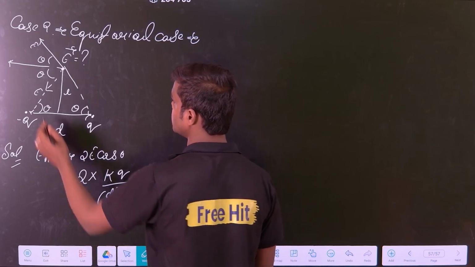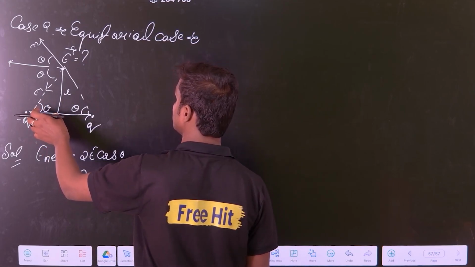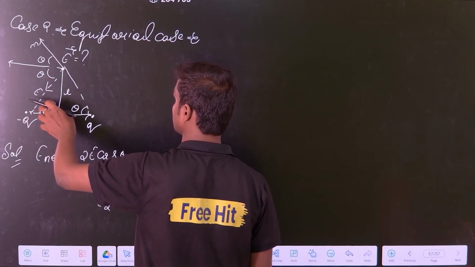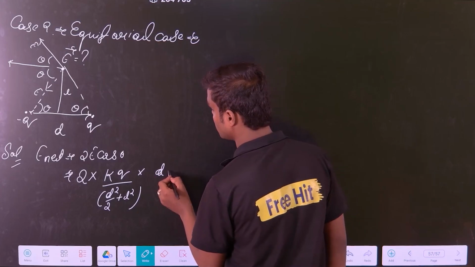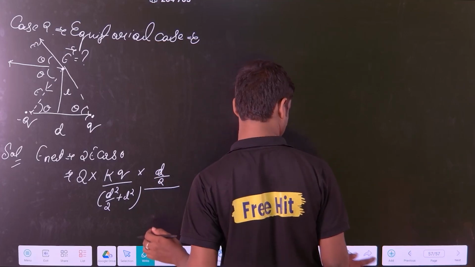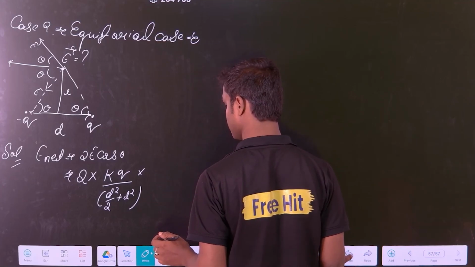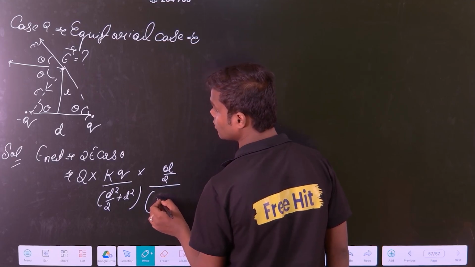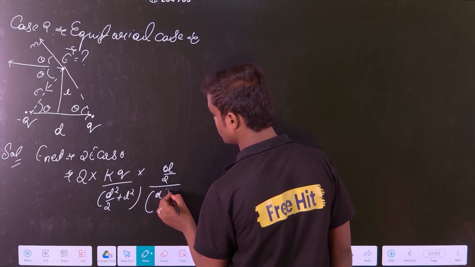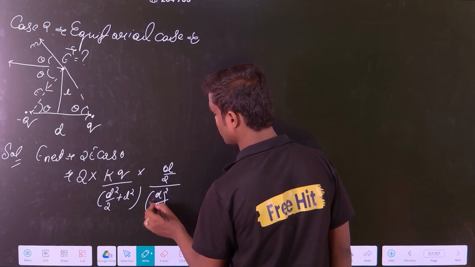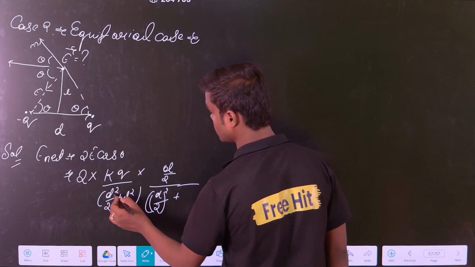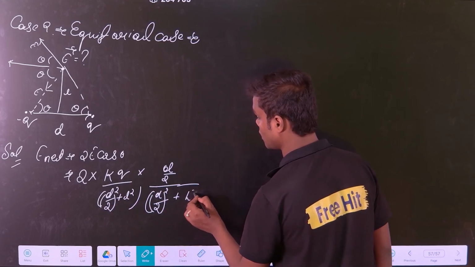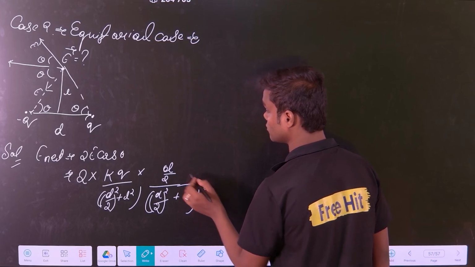This is theta, so cos theta will be d by 2 divided by this, because it is b by h. So this will be d by 2 divided by (d by 2 whole square plus L square) to the power 1 by 2.